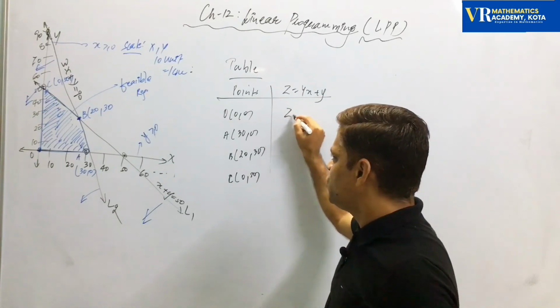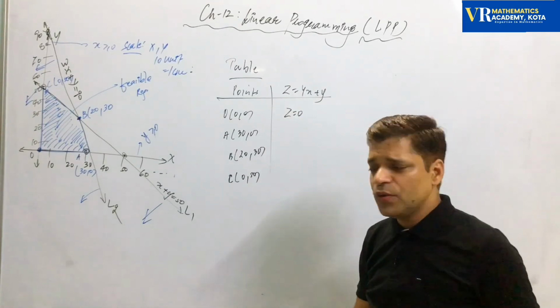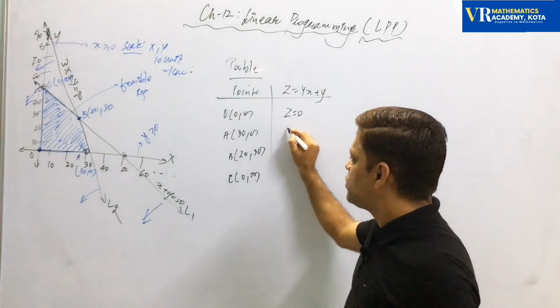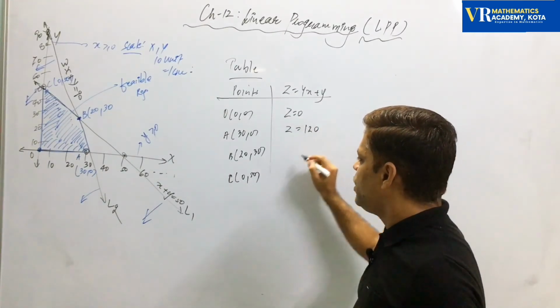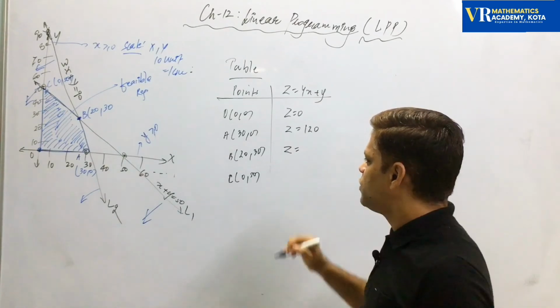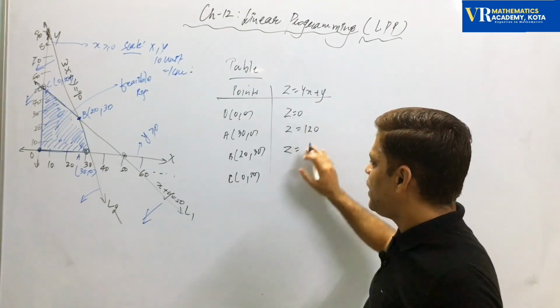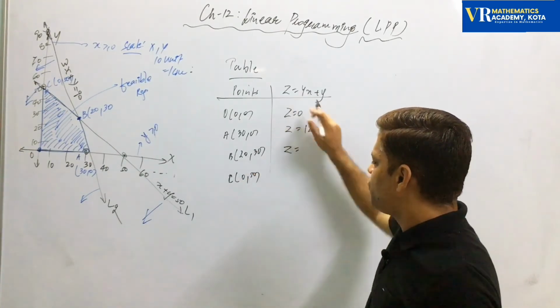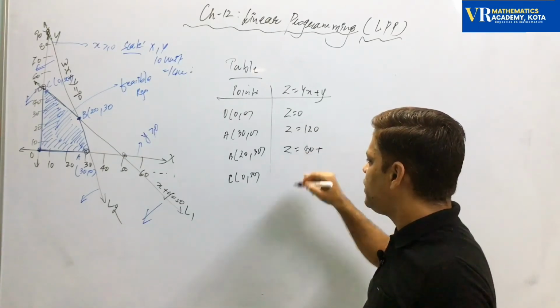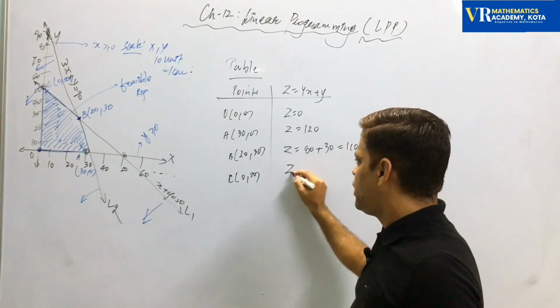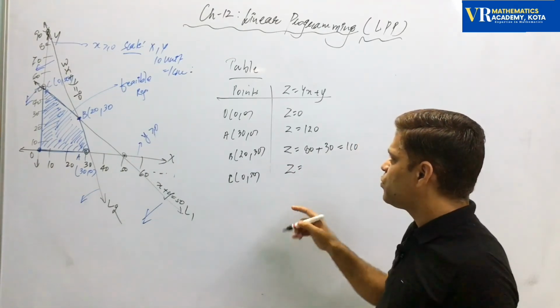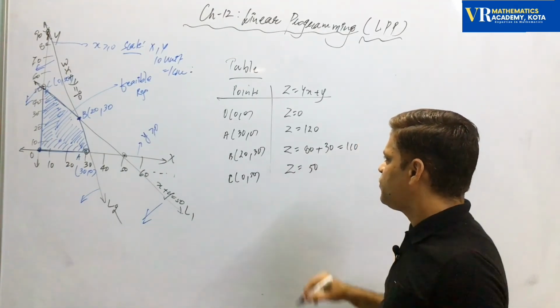When we put (0, 0), z will be equal to 0. When we put (30, 0), z will be equal to 120. When we put point B, it will be 4 into 20, that is 80, and 30 into y, that is 110, and at (0, 50), z will be 50.